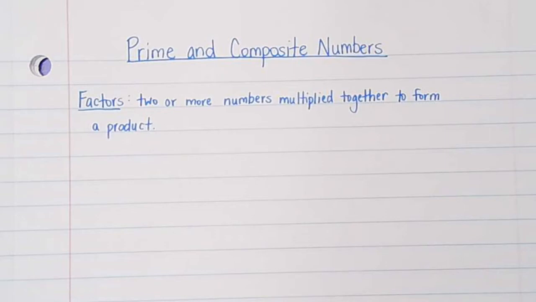So for example, some factors of 6 are 1 and 6, and then 2 and 3. So it's just whatever numbers you can multiply together to give you that number.